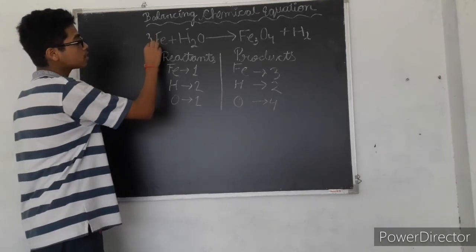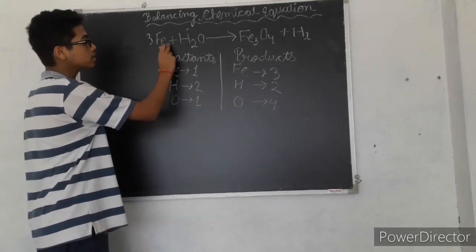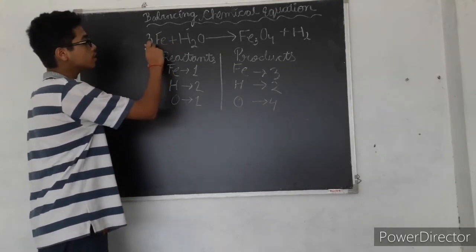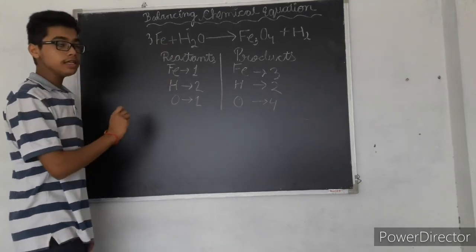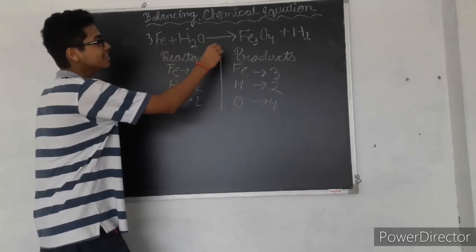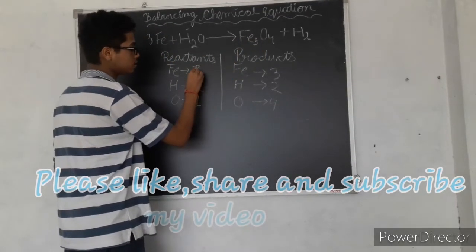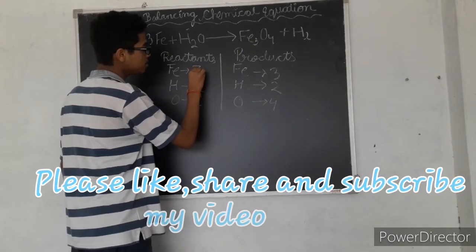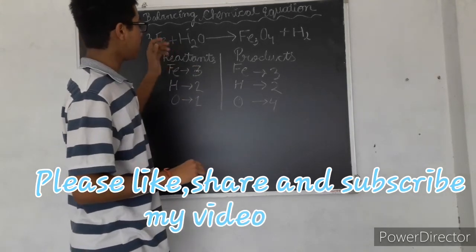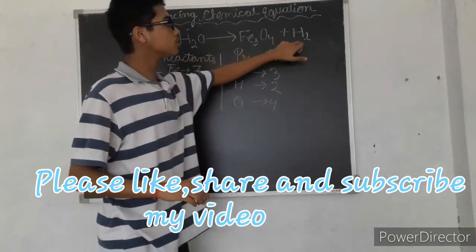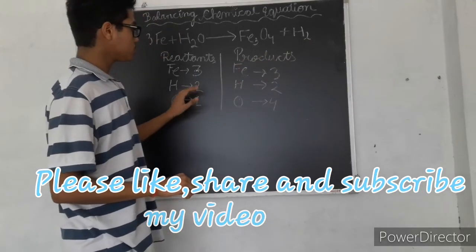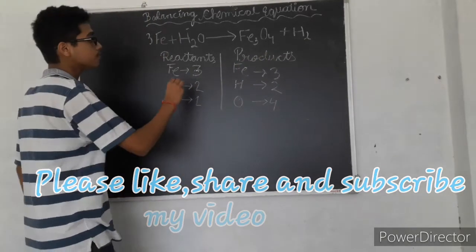It means 3 into 1. Here it is nothing, so it means 1. 3 into 1 will be 3. 3 atoms of iron here, 3 atoms of iron here also, so it is balanced. Now let us see hydrogen. 2 atoms of hydrogen here, 2 atoms of hydrogen here also, so hydrogen is also balanced.